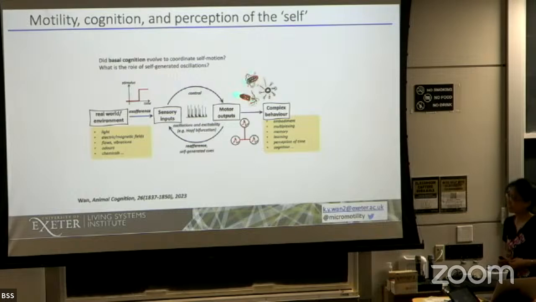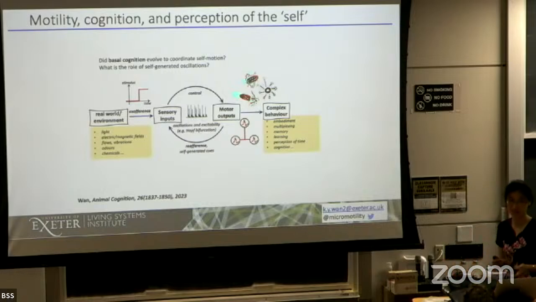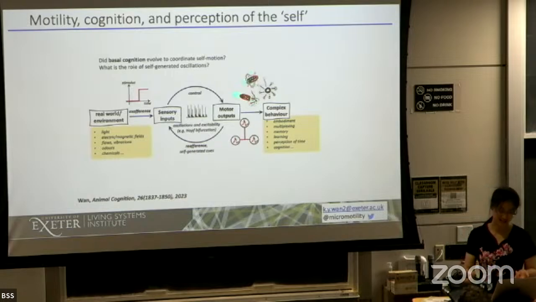I pose it to you to think about: given all of these complexities associated with unicellular organisms, both bacteria and eukaryotes, could it be that in the course of evolution, in order to learn how to control these different appendages for motility, these organisms may have acquired some semblance of biological cognition? So this recognition of what is actually the self versus the environment.